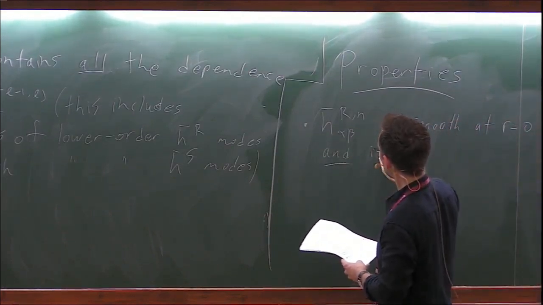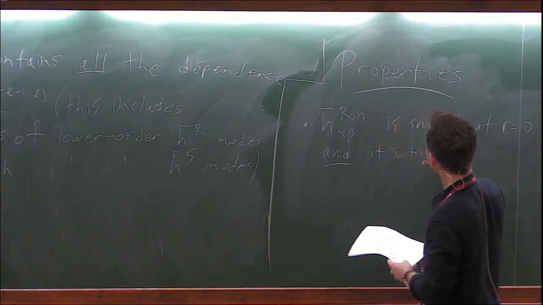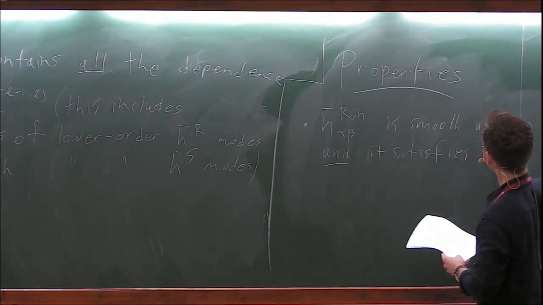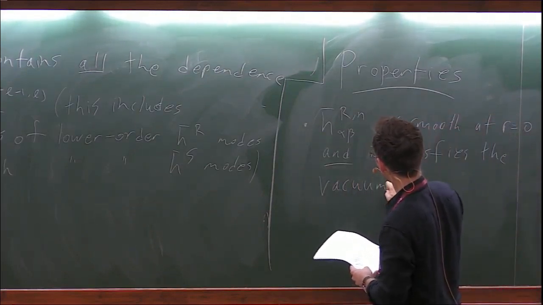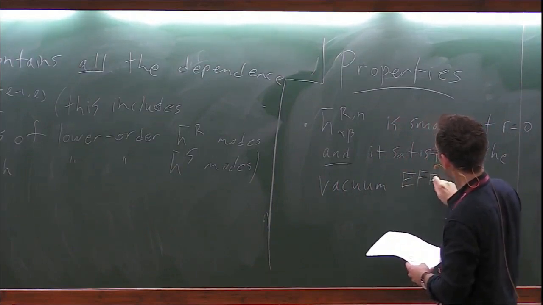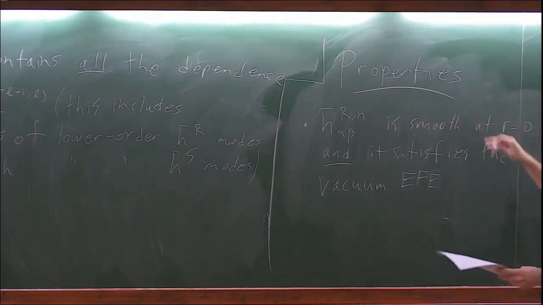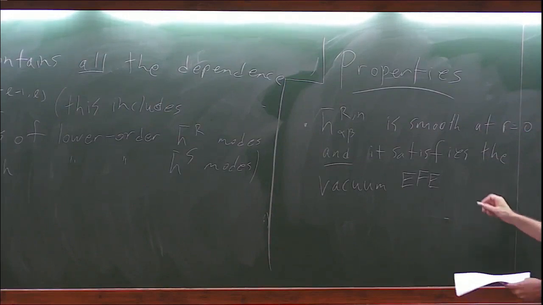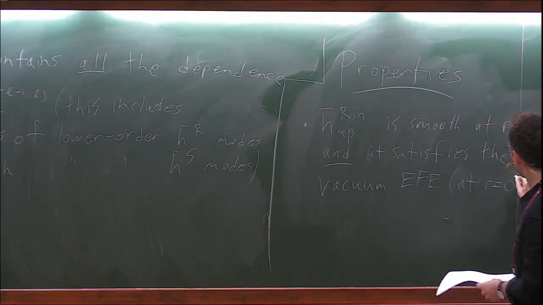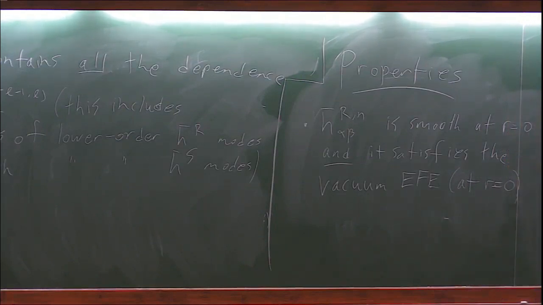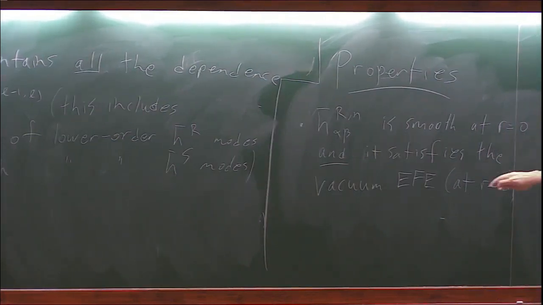And it satisfies the vacuum Einstein equation, not just outside of the small object, but also at r equals 0. So this strengthens the interpretation of this as kind of an external field. It just looks like some external vacuum field in the neighborhood of the small object.